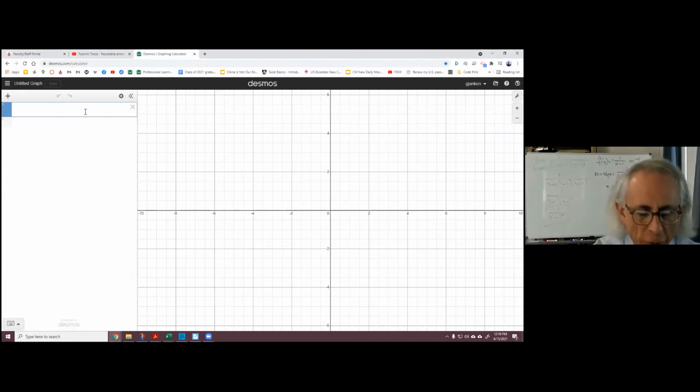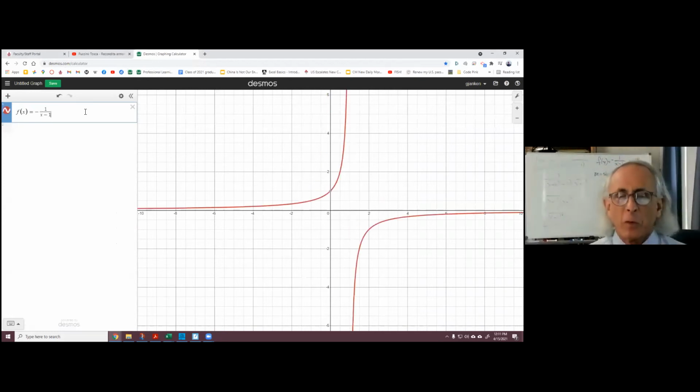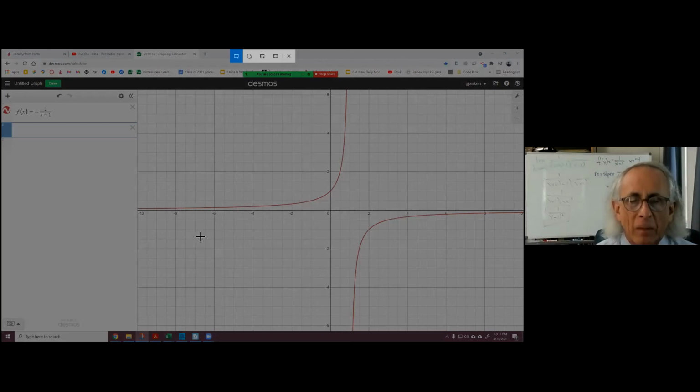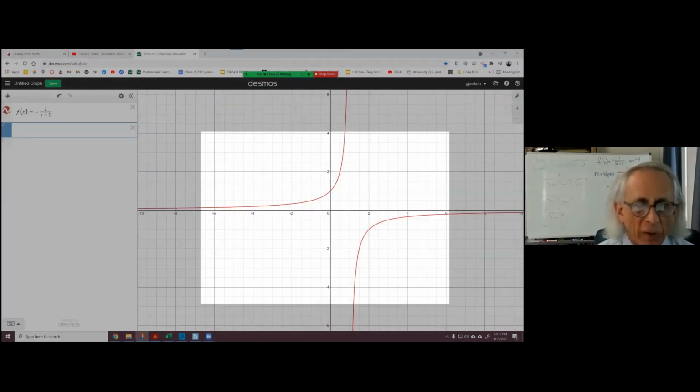All right, so my function f of x is equal to negative 1 divided by x minus 1. So here's what the graph looks like. I'm feeling pretty good about this, right? Because I'm looking over here where x equals negative 4. So let's just write in here, x equals negative 4. Now let's not do that. Let's do it like this. Let's take a snip. Here's what the function looks like.